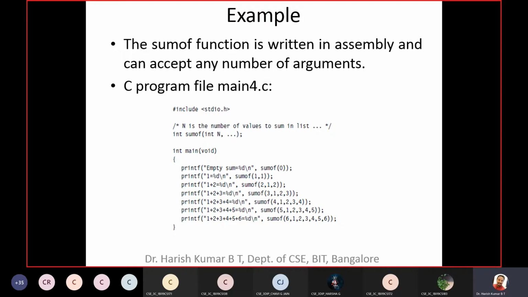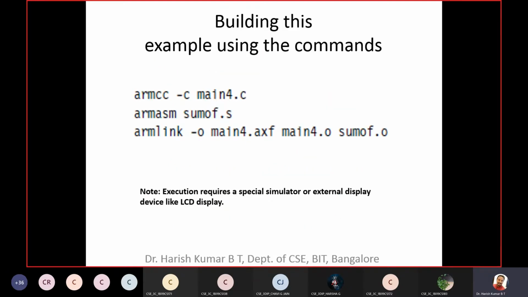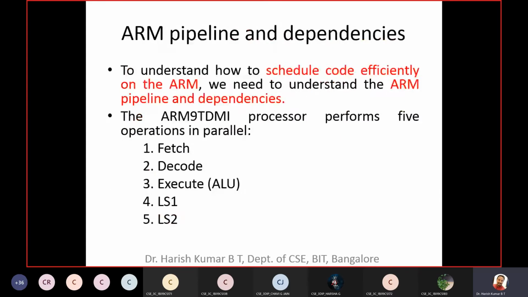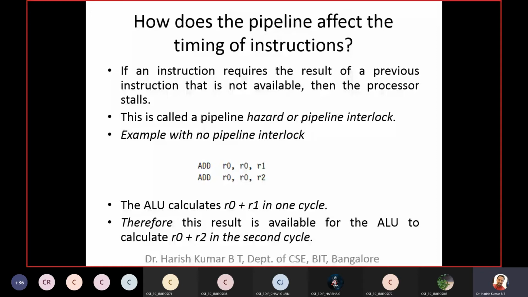We also understood how to compile the C program using ARMCC, and how to assemble the assembly code using ARMASM and generate an output file. So profiler, instruction scheduling, this fetch, all these things were done.